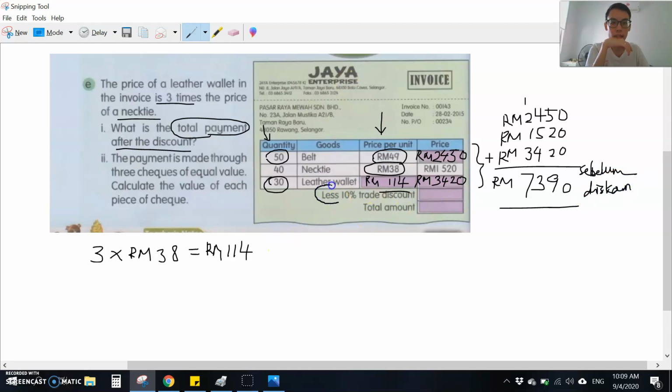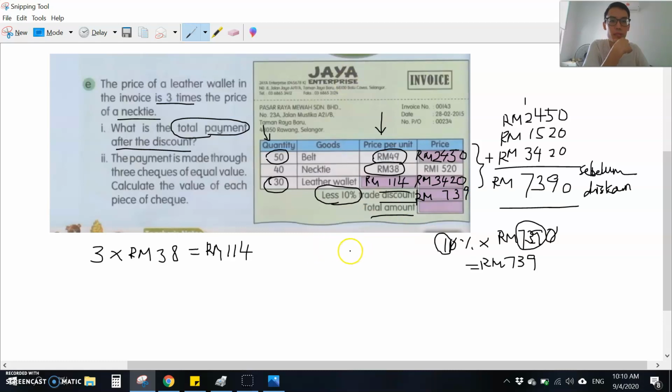Here you get 10% discount. Mau dapat 10% discount. So 10% times harga sebelum discount. So potong kosong. So 1 times 739 is 739. So 10% discount ini ialah 739. So harga baru selepas discount.